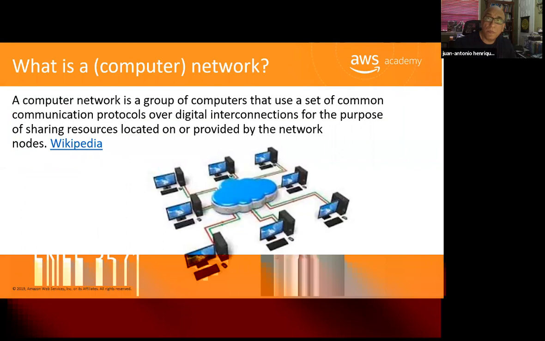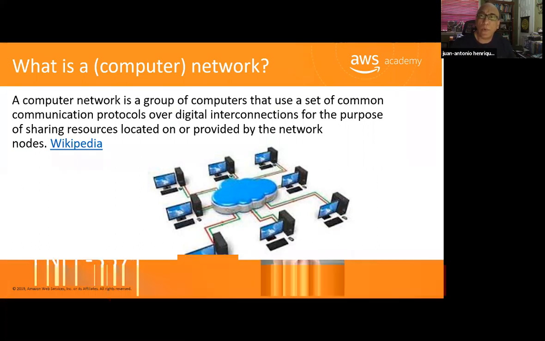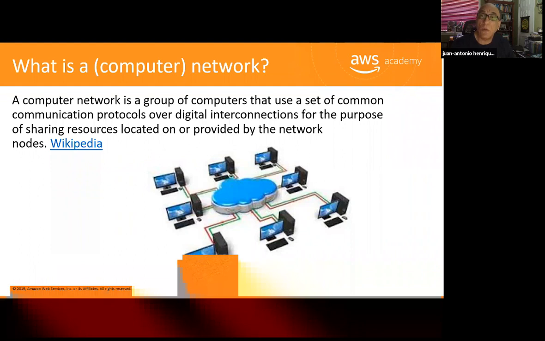So what is a computer network? Well, again, most of you have an idea what that is. Even if you haven't studied networks, you have that basic knowledge. But a computer network, and this is a definition from Wikipedia, by the way, is just a group of computers that use a set of common communication protocols, and that's, again, the key word, protocols, right? We'll explain what that is.